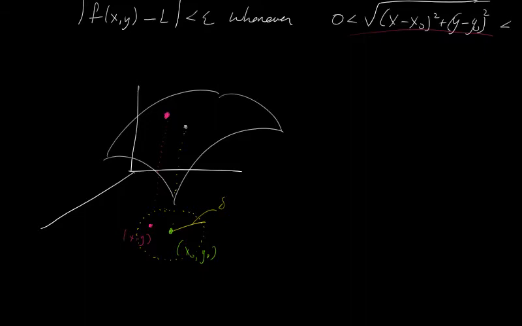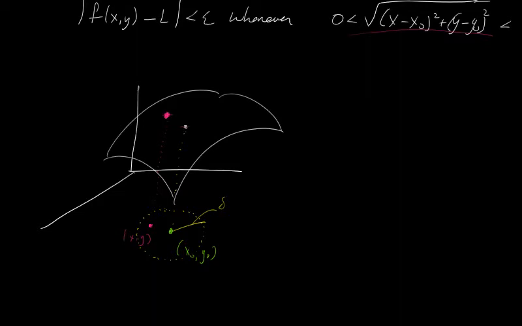Okay, so the idea is that as x, y approaches this x naught, y naught, so as it gets closer to x naught, y naught, the distance from this point to this point is staying within this epsilon range.